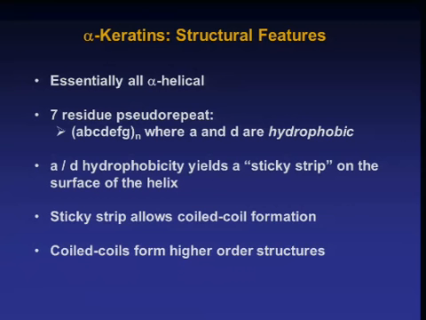A pseudo-repeat means you don't have, let's say, 7 contiguous amino acids that are perfectly repeated over and over. The repeats look pretty close to one another. There's some variability, but within that 7, what is rigorously conserved is that positions A and D are hydrophobic amino acids.